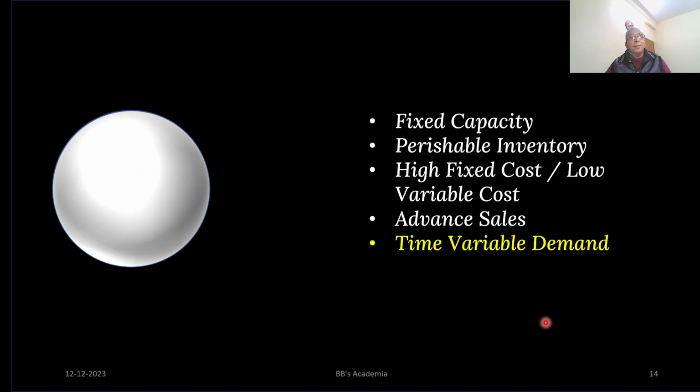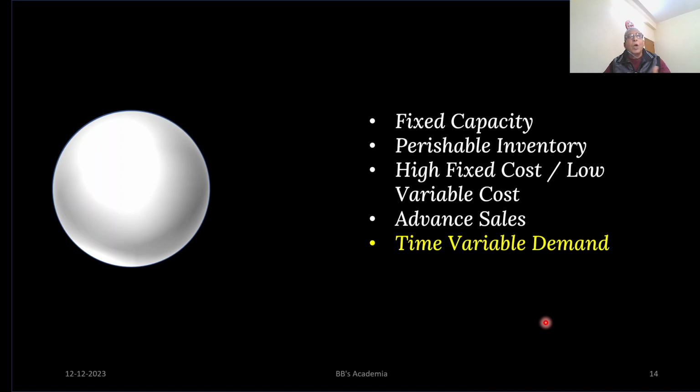Time variable demand is also very much there. You know that in a particular period there are leisure guests as well as business guests. Leisure guests book much before for tour or tourism purposes.